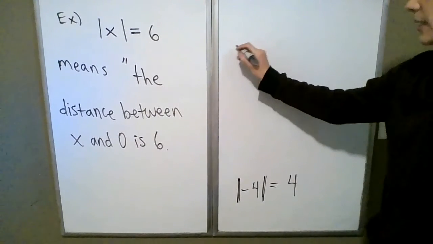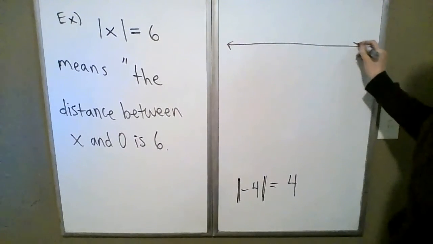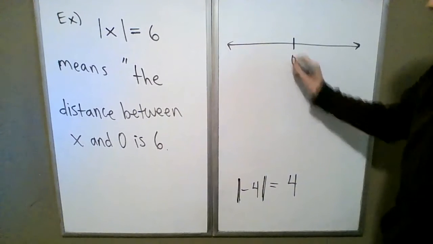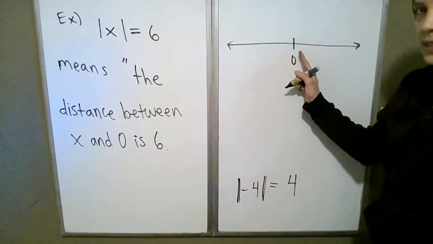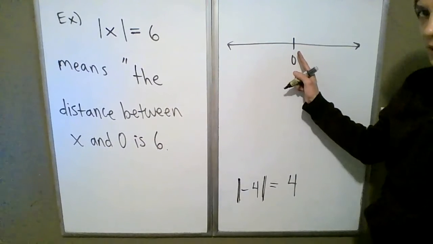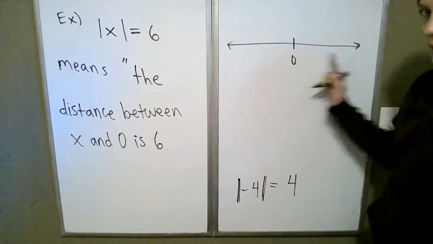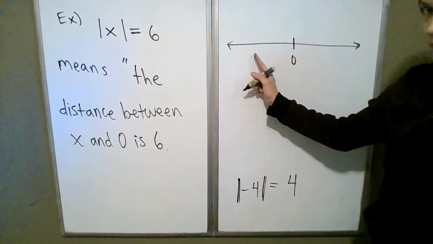So on a number line, we're going to start with 0. X is a distance of 6 spaces away from 0. So we're going to go 6 spaces this way, and we're going to go 6 spaces that way.